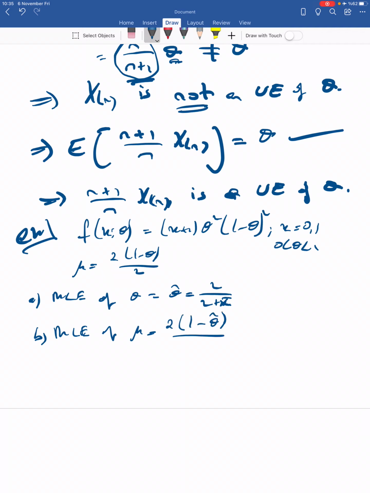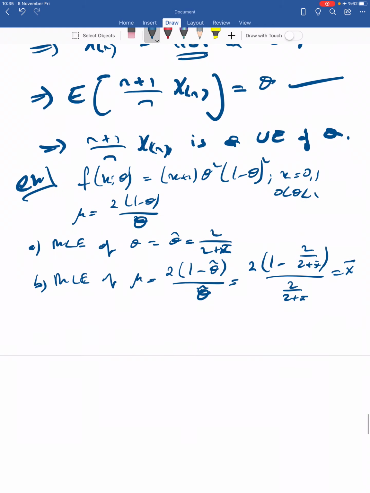Put a tilde here to replace this quantity. It should be theta actually. Yes, this should be theta. So we have 1 minus 2 over (2 plus x bar), over 2 over (2 plus x bar), and at the end we get x bar. So the MLE of mu is x bar.